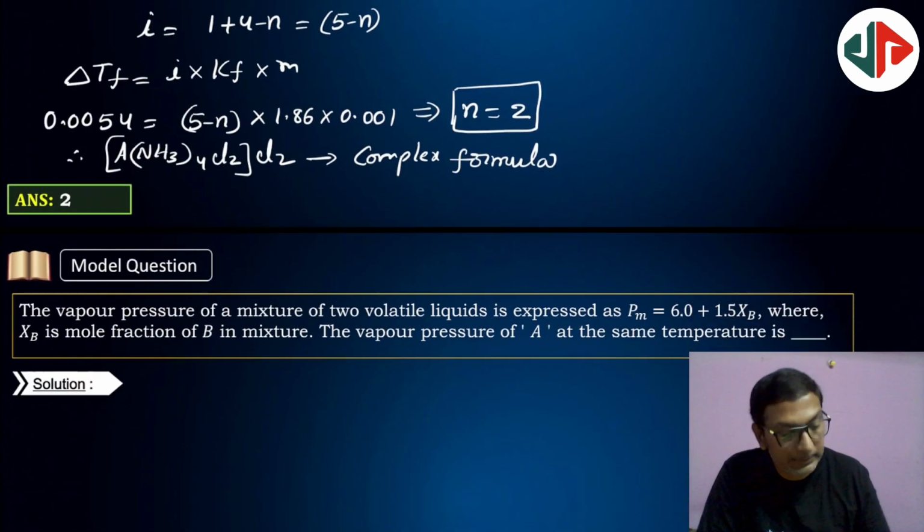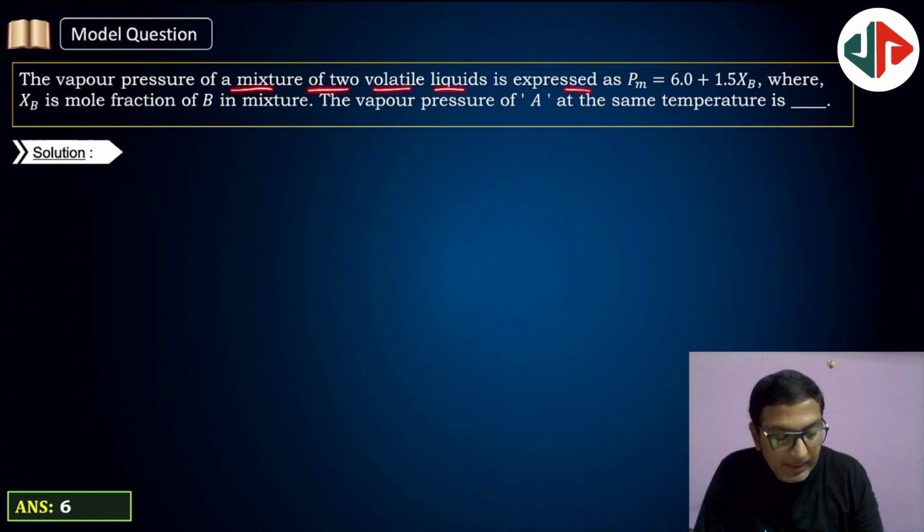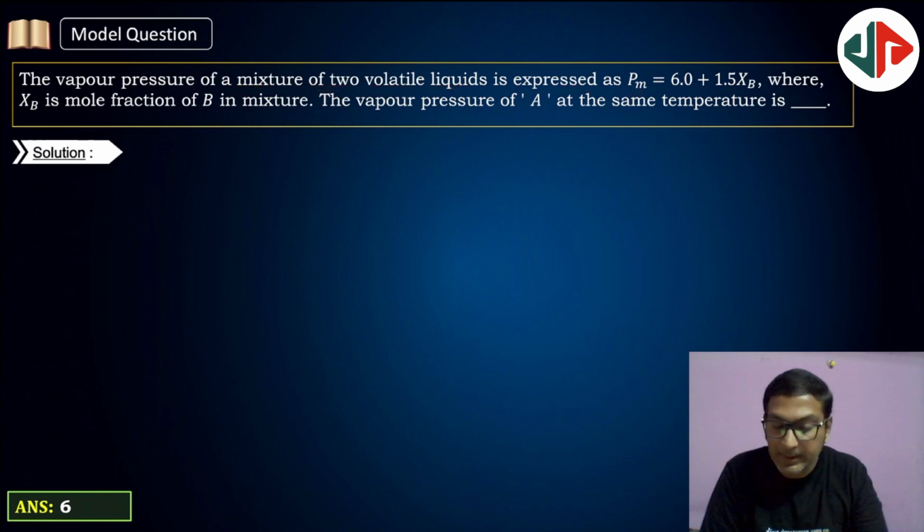Next. So the vapor pressure of a mixture of two volatile liquids is expressed as P total equal to 6 plus 1.5 into mole fraction of B, where XB is the mole fraction of B in the mixture.